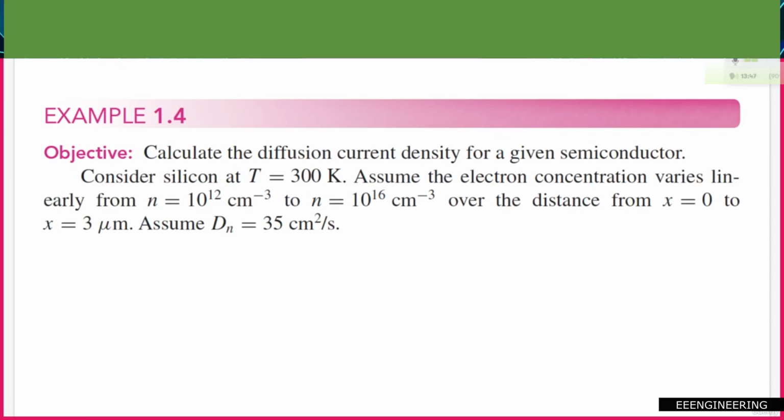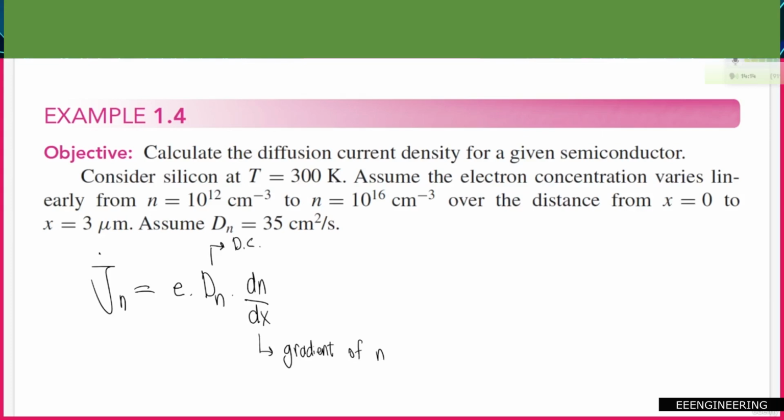So Jn, because we're talking about electrons, is equal to e times Dn times dn/dx. Let me remind you, Dn is the diffusion coefficient, dn/dx is the gradient of electron concentration, and e is the charge.